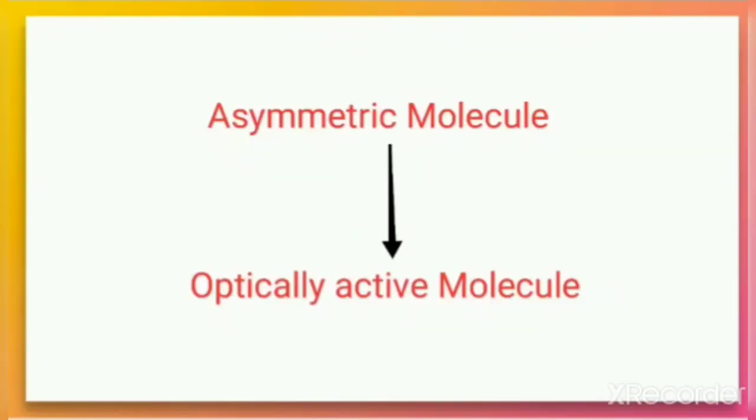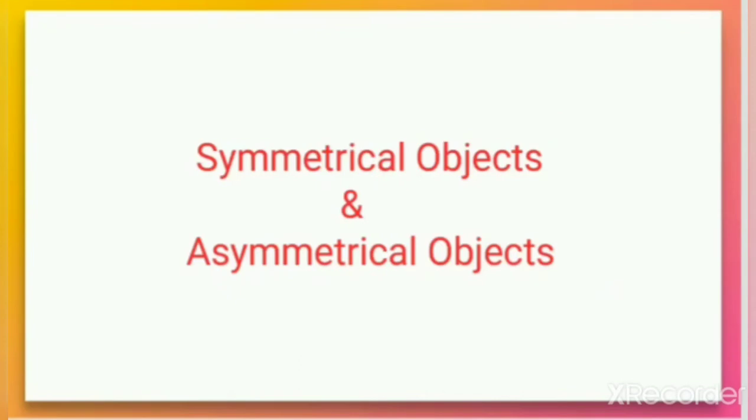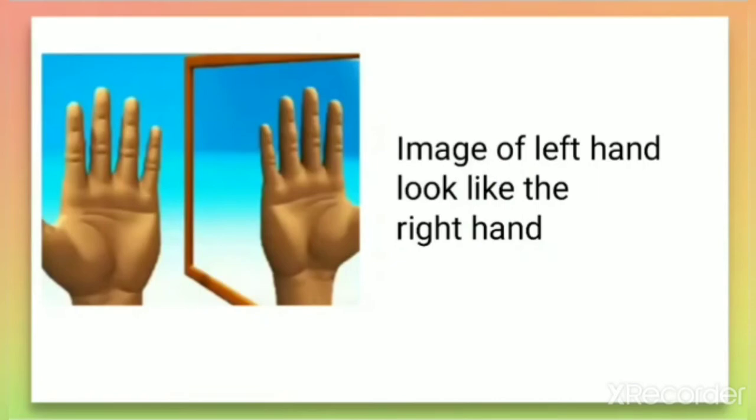As asymmetry of the molecule is responsible for optical activity in compounds, symmetry and asymmetry are also observed in many day-to-day objects. Let us discuss some of the objects. The most common example is our hand.